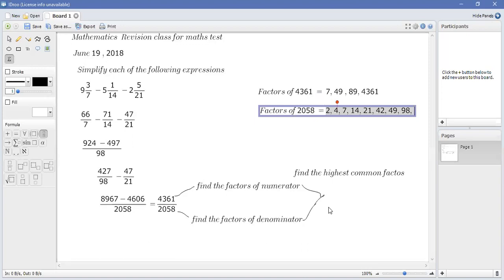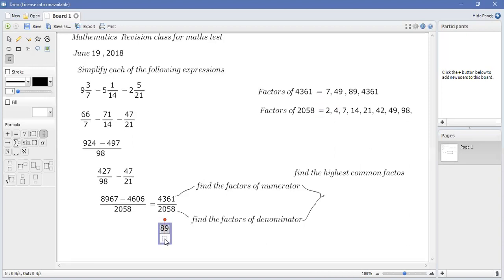So let us use 49 into 4,361. When you divide 4,361 by 49, how much you get? 89.